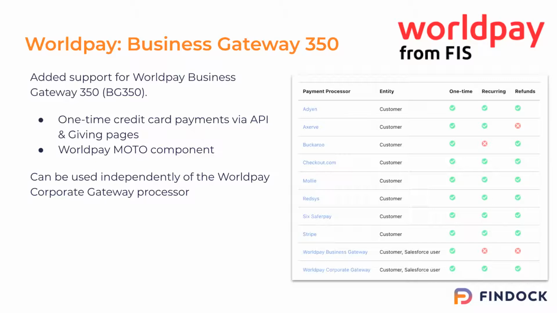So we already supported Worldpay via the corporate gateway, which was more a high-end focused solution with a price tier that comes with that. And with this addition of the Business Gateway 350 support, we now feel that for our UK customers, we are able to support all kinds of sizes of customers that are doing their payment collection via Worldpay.